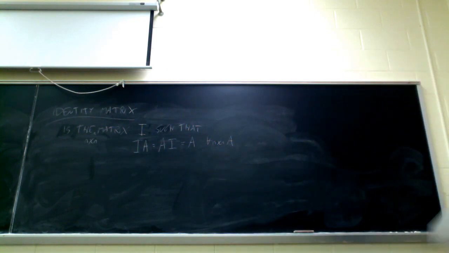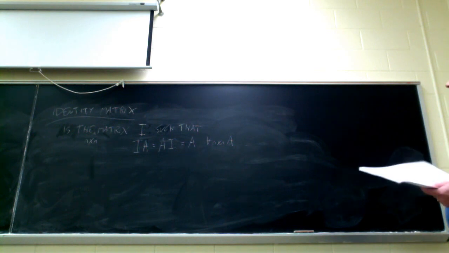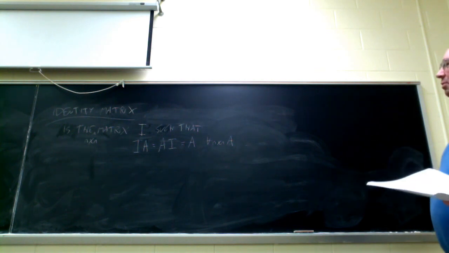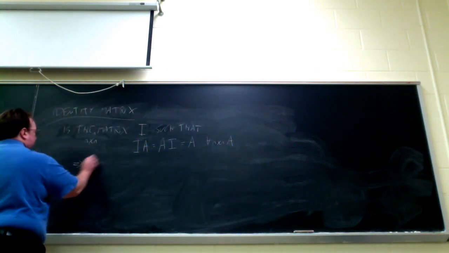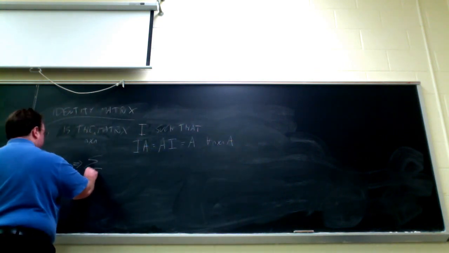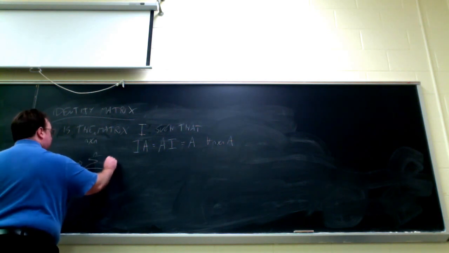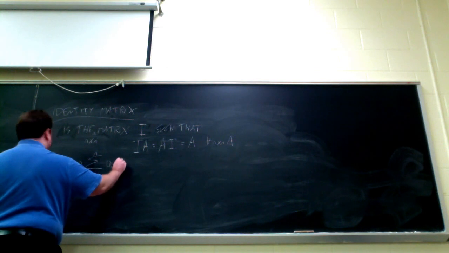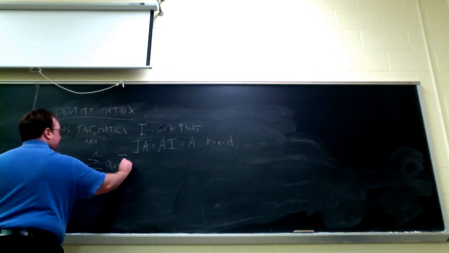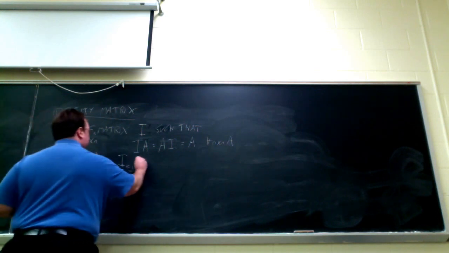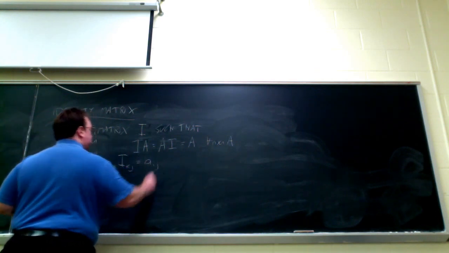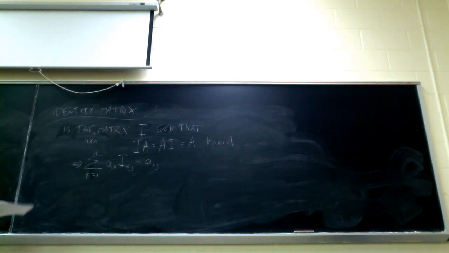So if you're trying to figure out what entry the matrix I should have in order to have this property, you can look at the formula for matrix multiplication that we saw last time. In essence, this summation of a_ik times the kj entry of this identity matrix must be equal to a_ij, no matter what the entries of A are.